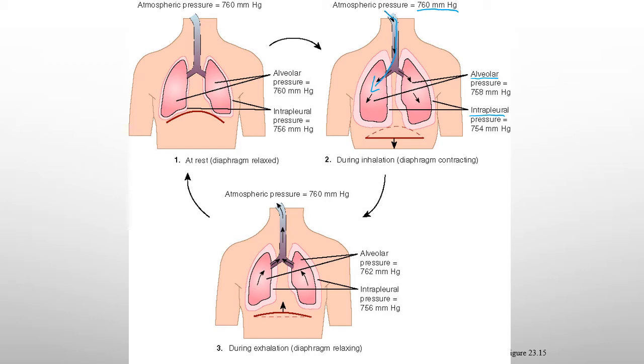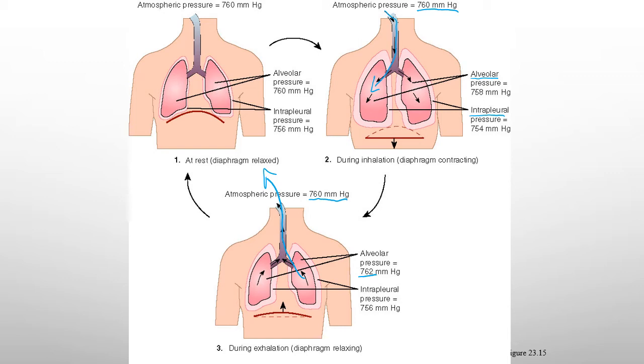And now all of a sudden our alveolar pressure goes up. It's now at 762. Our atmospheric pressure stayed the same, so it's now above. So the air wants to leave the system. And once again, the intrapleural pressure is still below that of atmospheric and alveolar. So now the person has exhaled.